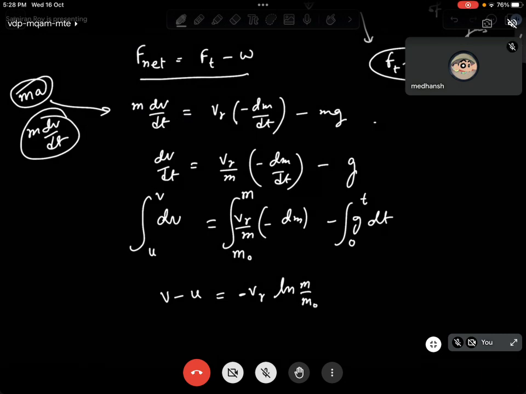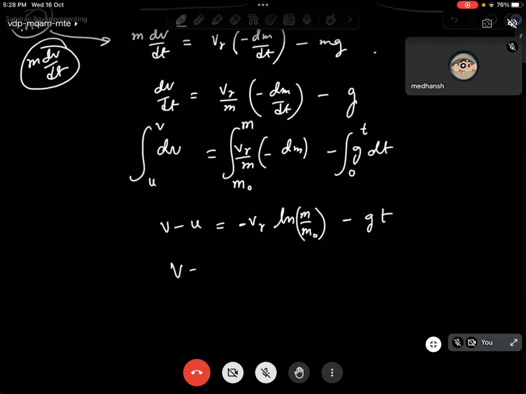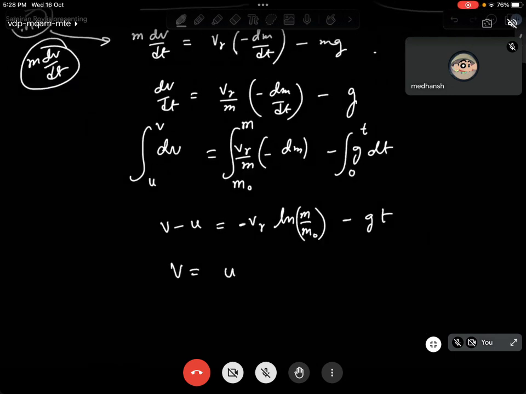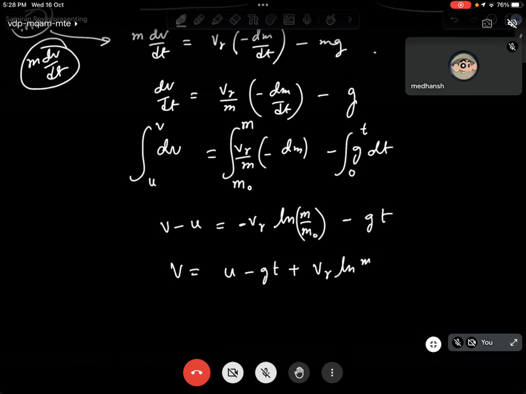So I'll put the minus inside the log, so that I get ln of m0 by m minus gt. So what is v? You get v equal to u minus gt, like v equal to u plus at. So obviously that term will be there, v equal to u minus gt, but there is one additional term: it gets some additional velocity because of the exhaust gas, Vr into ln m0 by m.